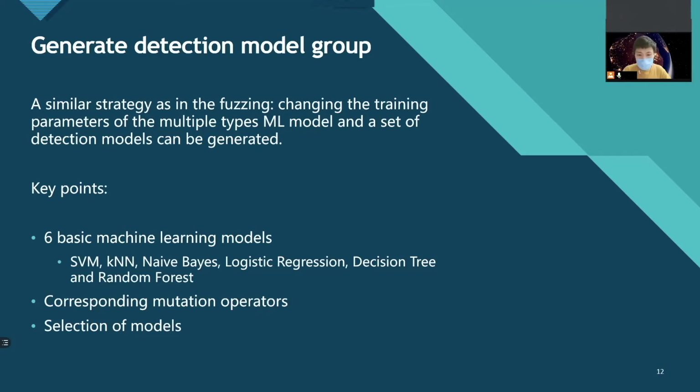First, use 6 basic models commonly used in malware detection, including SVM, KNN, naive Bayes, logistic regression, decision tree, and random forest. Second, explore and test the corresponding mutation operators. Last one is selection of models. The first two are to ensure smooth model generation, and the selection of models is strongly related to the second method.